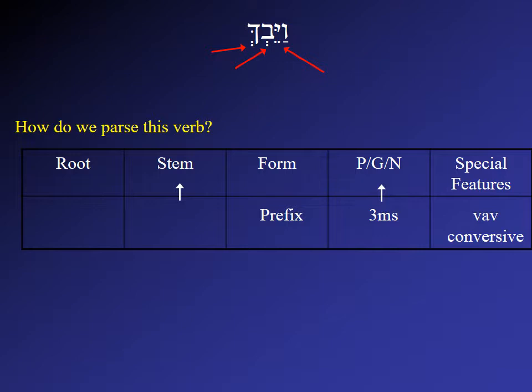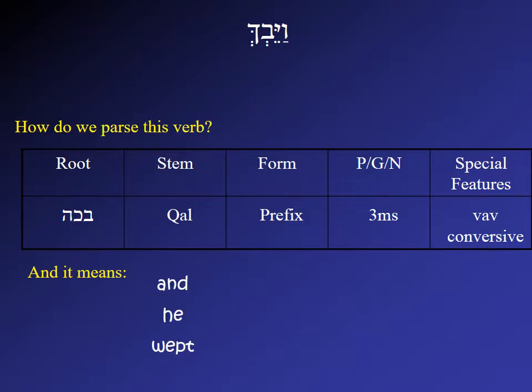This is an irregular form, and it is in fact a kal of a third hey, baka. So this is actually an irregular form of the kal vav conversive of a third hey root, and we'll look at that a little further in just a second. So if this is baka and the kal prefix vav conversive and a third masculine singular, then it means and he wept.